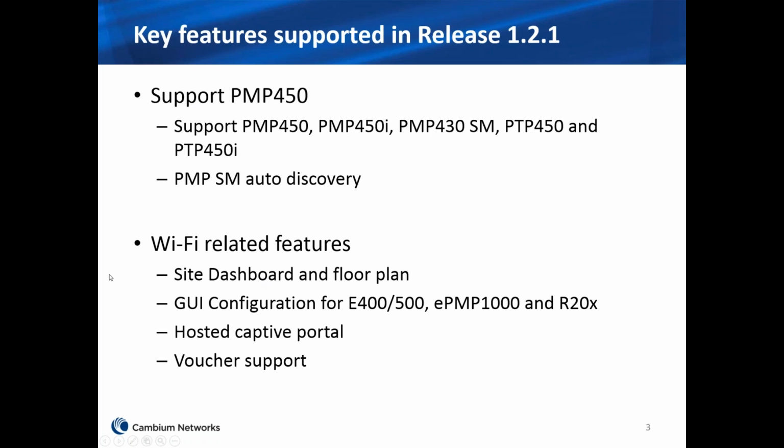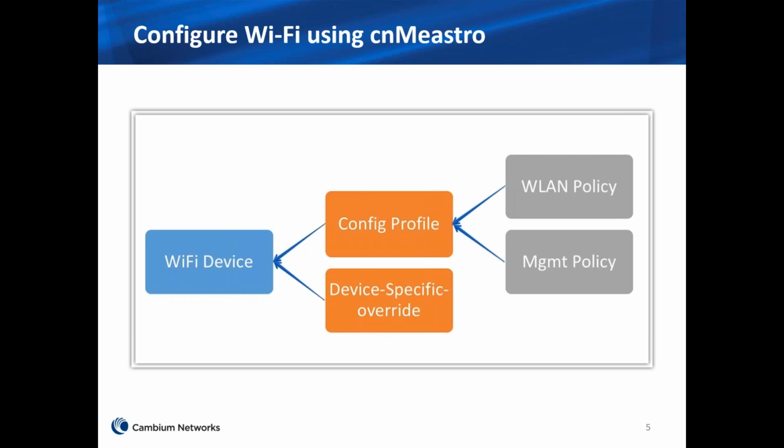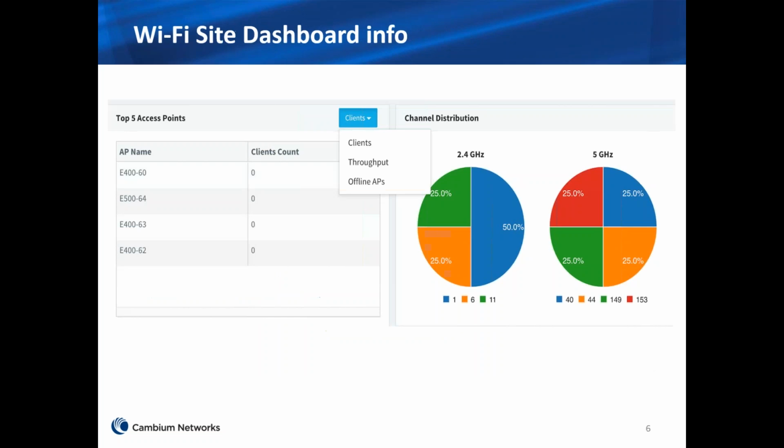The other one is Wi-Fi related features. One of them is the site dashboard, where you will be able to see the client information, AP client information, and channel distribution at different levels.